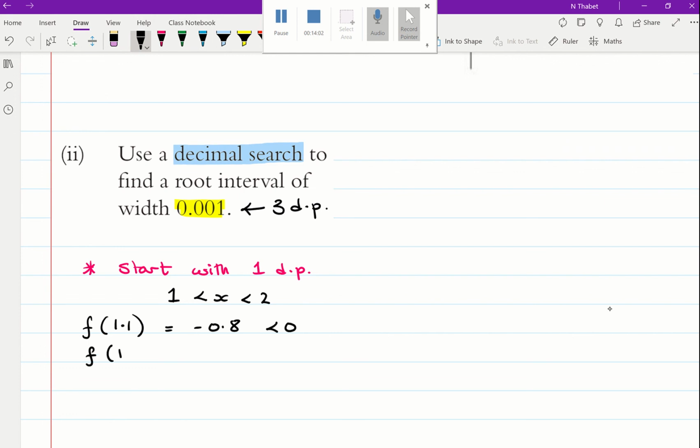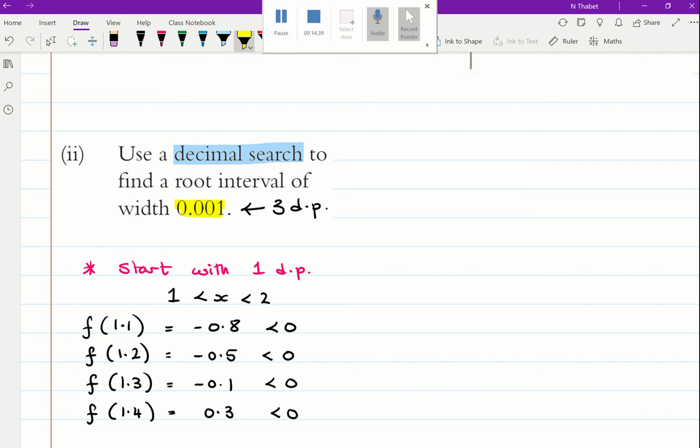Then I'm searching for when it is going to change. So I substitute 1.2, and you take it 1 decimal at a time. You don't skip anything because you literally want to know when it will change. I put that into the equation and it gives me minus 0.5, no change. I substitute 1.3 and it gives me minus 0.1, again no change in sign, they're all negative numbers. 1.4 gives me 0.3.